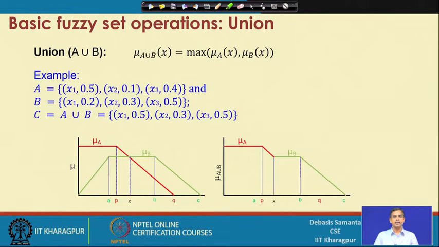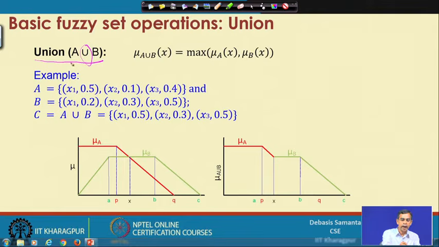So, let us first discuss the union operation of two fuzzy sets. Now, here A and B are two fuzzy sets, suppose. So, the union of two fuzzy sets is denoted by the symbol cap. This is the usual symbol that is used in Crisp set.